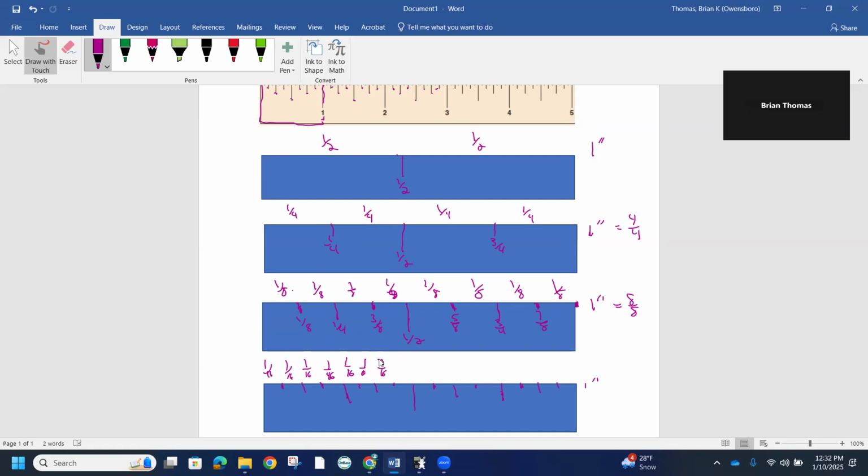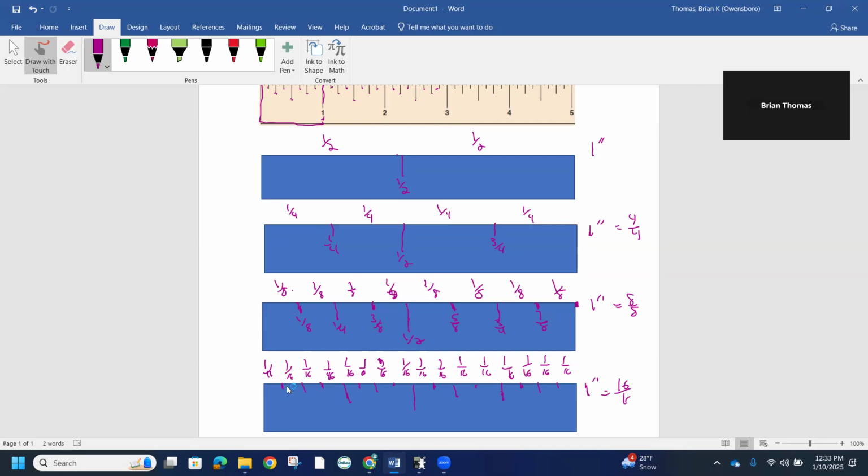Then we have 8/16, 9/16, 10/16, 11/16, 12/16, 13/16, 14/16, 15/16, and 16/16 would get us out here to the inch mark. So 16/16 is the same thing as 1 inch.